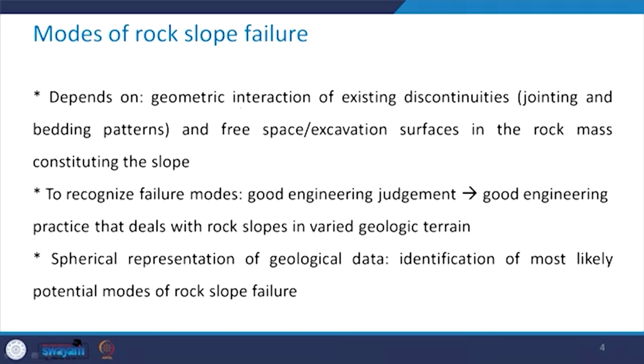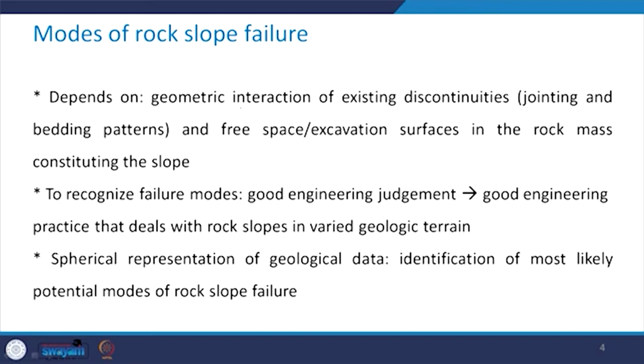Coming to the modes of rock slope failure, these modes depend on the geometric interaction of existing discontinuities. These discontinuities may be jointing or bedding patterns, and the free space or the excavation surfaces in the rock mass constituting the slope.